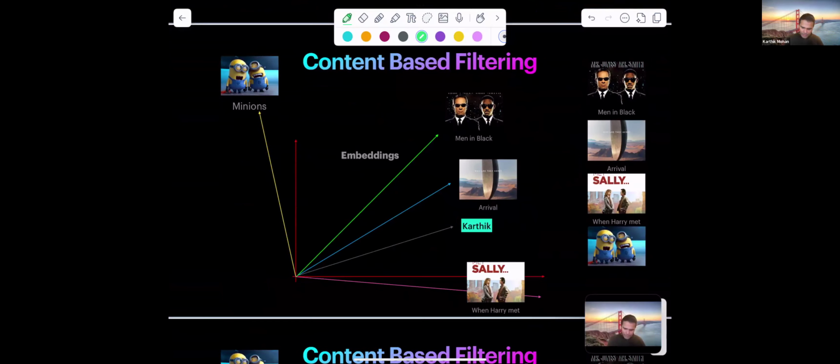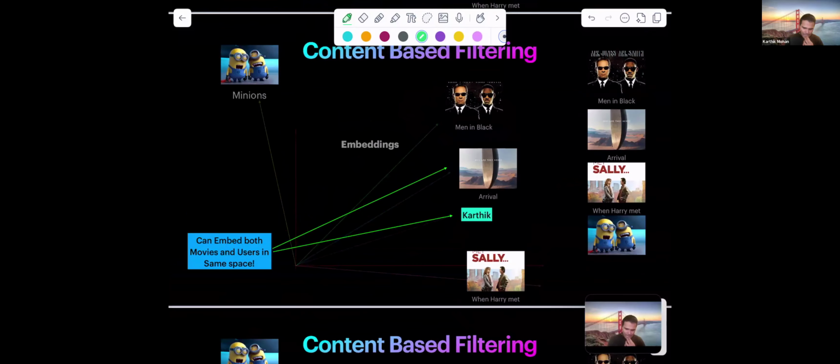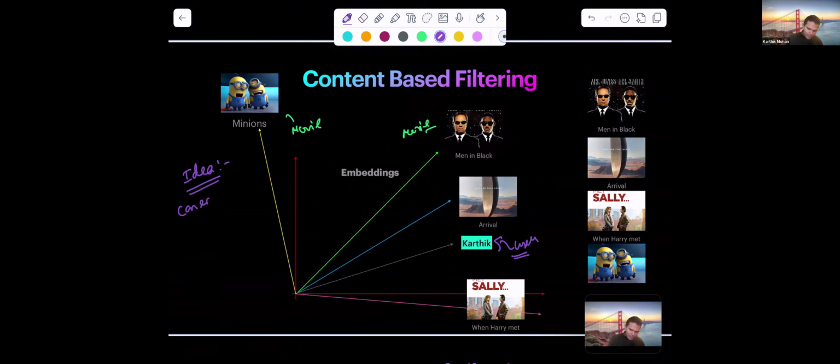Let's see if there's any other concepts. Yeah. So the other thing with embeddings is that you can embed different objects in the same space. Like here we are embedding movies, right? There's a movie, there's a movie. But you can also embed a user as well. So now that you've embedded user and movie, the idea is you can embed both movies and users in a shared space.